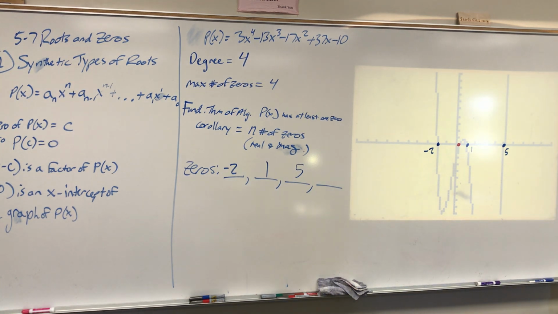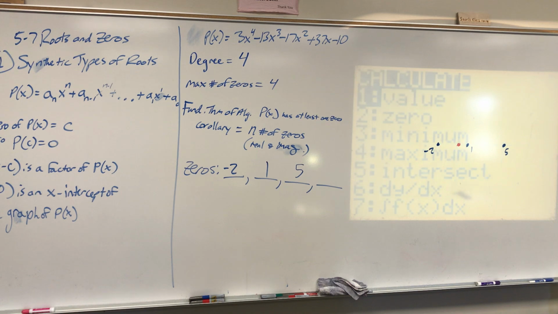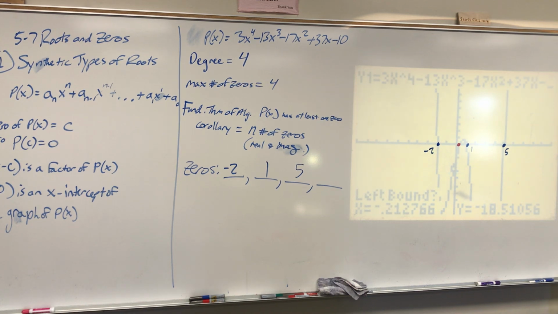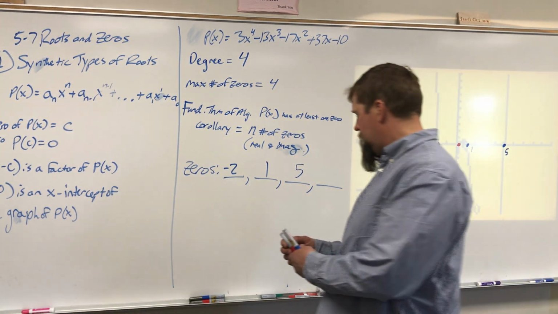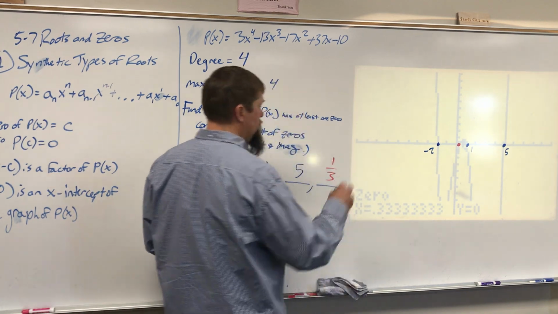On the calculator, I can possibly find it using my calculate key. So I calculate the zero, left side, right side, and according to this, my 0 looks like 1/3. So 1/3 is my other 0.